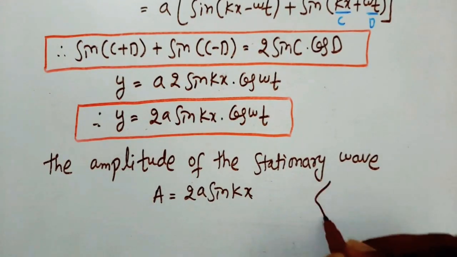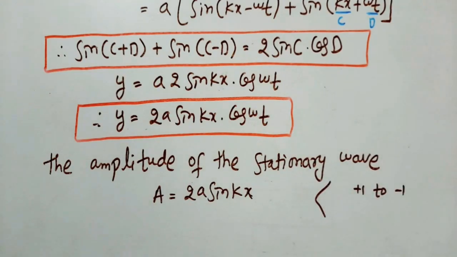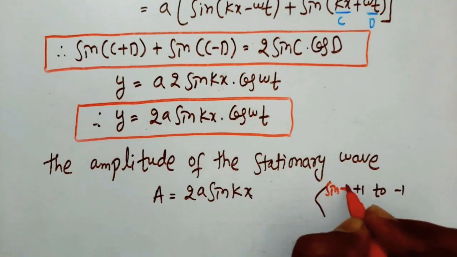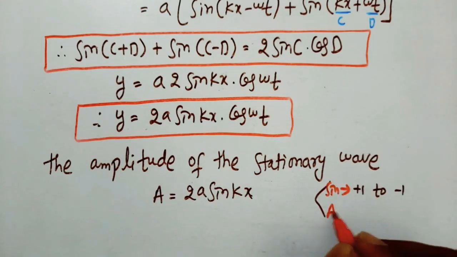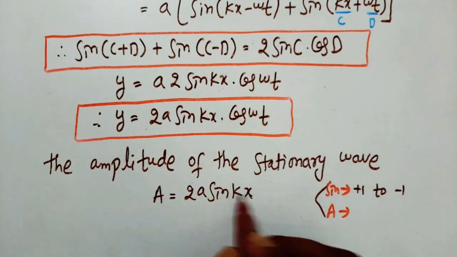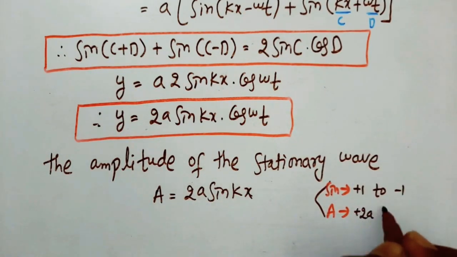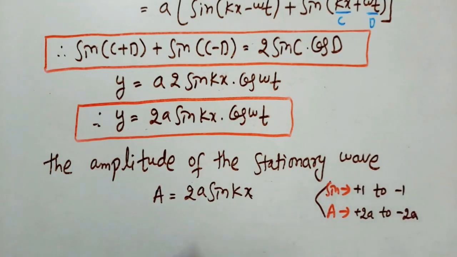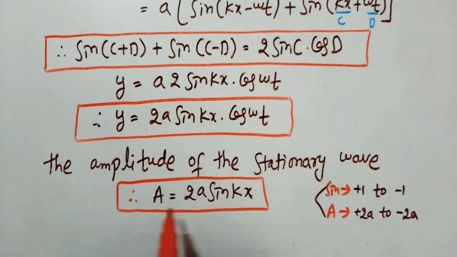We know sine varies from +1 to -1. So here amplitude varies. If sin kx value is +1, then it has maximum amplitude, that is +2a to -2a. So here amplitude is not a constant, it is a function of sine. So the amplitude of the stationary wave is A is equal to 2a sin kx.